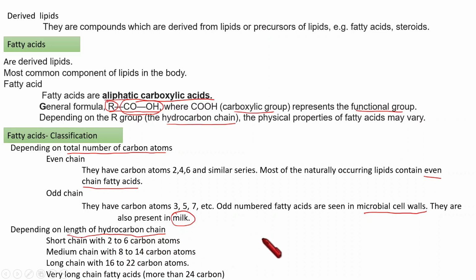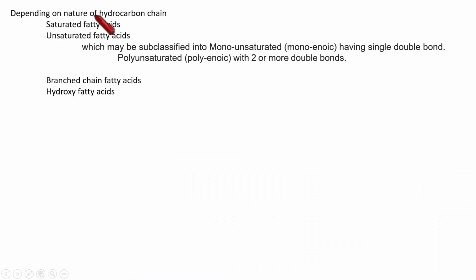Clear? Next, we are going to see another type of classification, based on the nature of the hydrocarbon chain, whether it possesses a double bond or single bonds. Saturated fatty acids are those that don't possess a double bond; all bonds are single bonds.